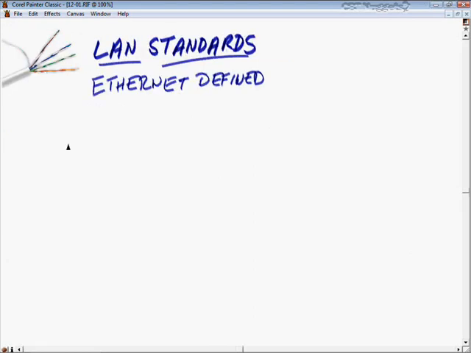A local area network is a grouping or a network of computers and other components that have relatively close geographic proximity to one another. So a local area network is localized to a limited area. Now, LANs can vary widely in size.